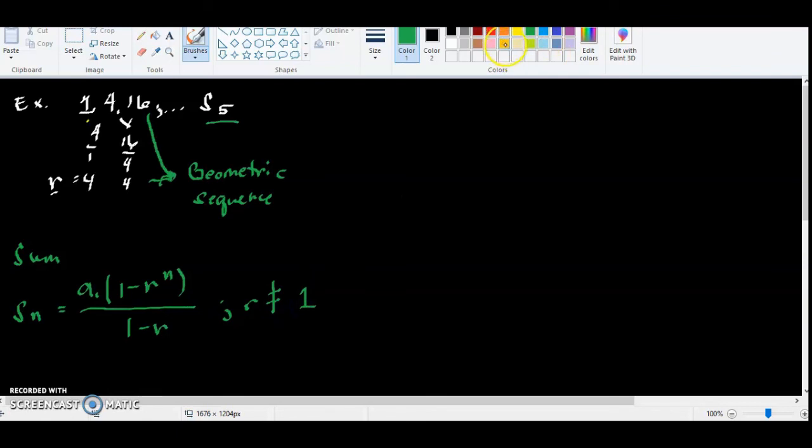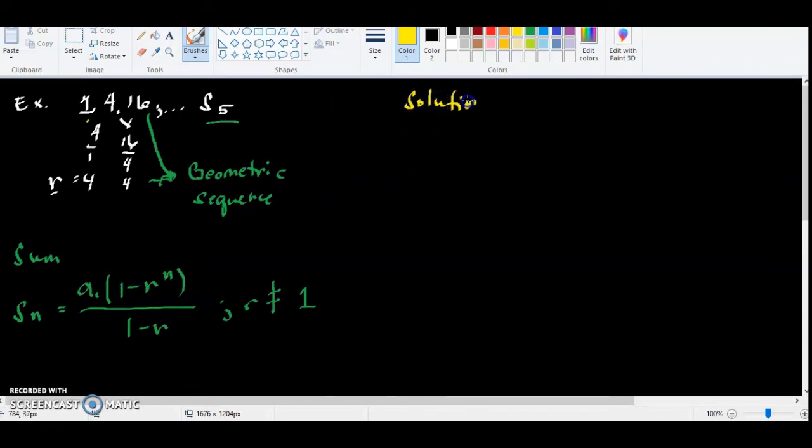Now let's try to calculate the sum of these patterns for the fifth term. We don't need to calculate anymore the fifth term of the geometric pattern since hindi naman siya kailangan dito sa formula natin. Wala naman tayong a sub n dito. So, proceed na tayo agad doon sa ating solution.